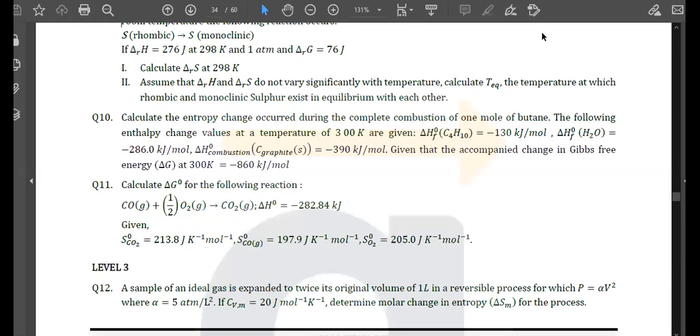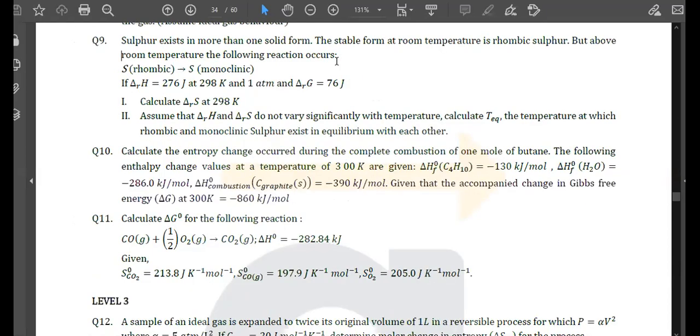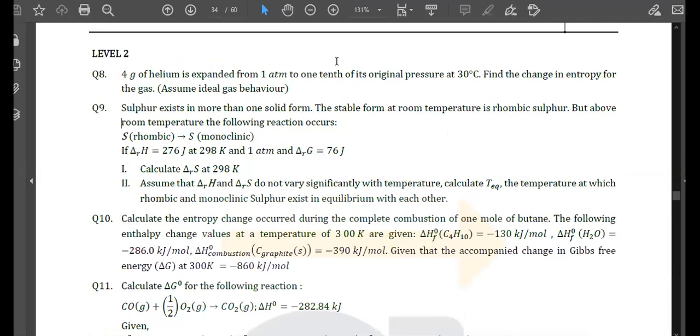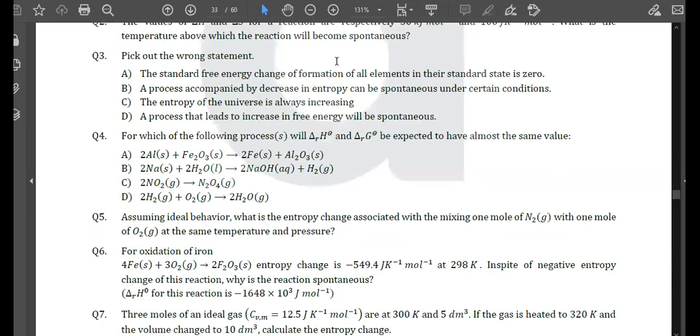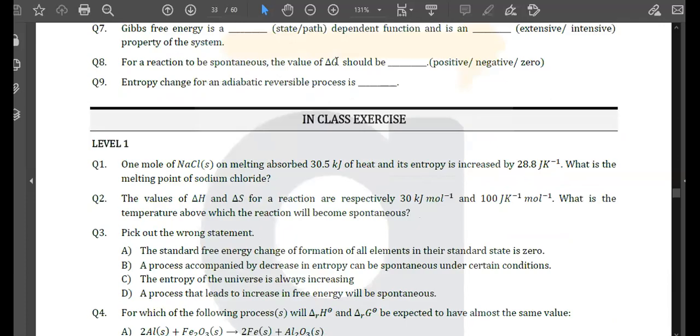So I expect you to at least solve around 80 to 90 problems in thermodynamics and thermochemistry till now. At least 10 to 15 problems per day should be solved. If you're not even solving this many problems, then obviously you will have difficulty in understanding the concept.